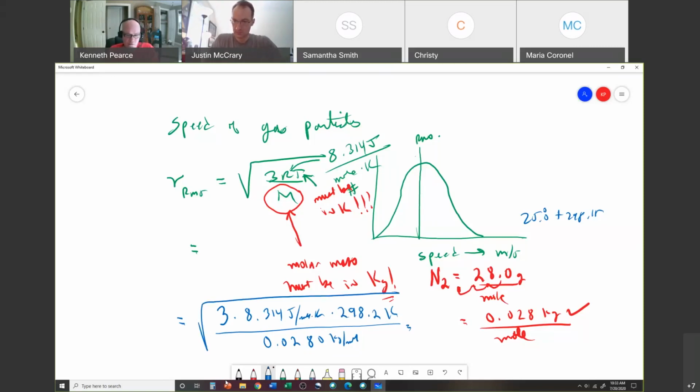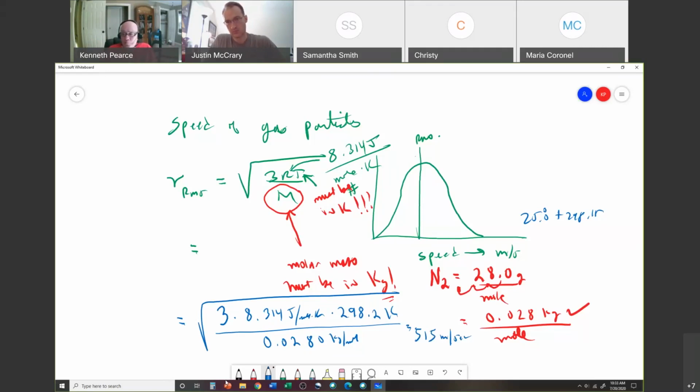Let's see, still trying to get it in my calculator. 3 times 8.314 times 298.2, and we'll take the square root of that. Let's see, where's my square root key? There it is. 515. What did I say? 540, right? Yeah, I was close.